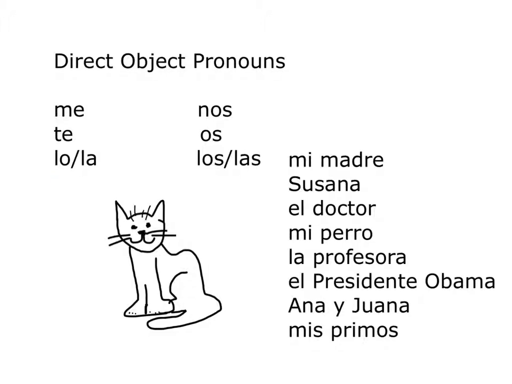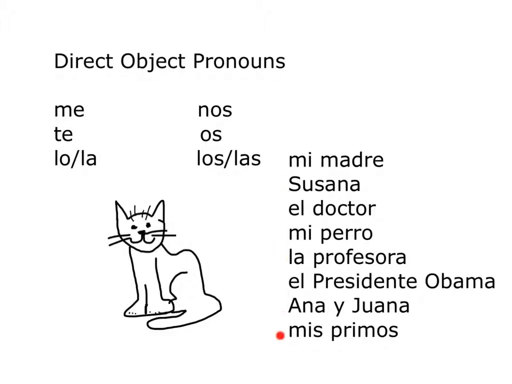Lo can mean him or it, or you when we're being formal and usted-like. La can mean her or it, or you when we're being formal and usted-like to a female person. Los can mean them, las can mean them, and can also mean you all when we're being formal and usted-like.